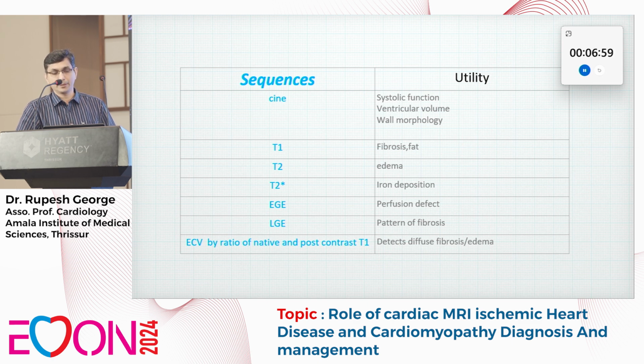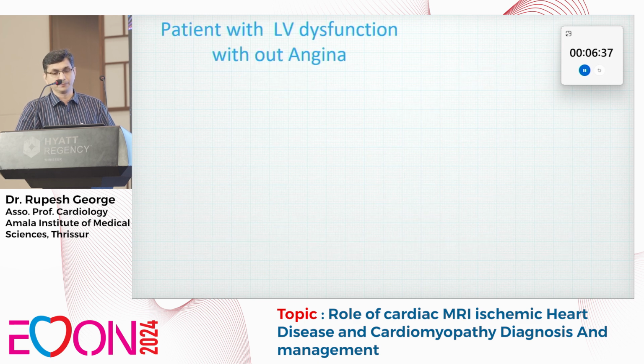Early gadolinium enhancement shows perfusion, and late gadolinium enhancement shows the pattern of fibrosis, whether it is replacement fibrosis or interstitial fibrosis. And extracellular volume normally is 25%. If the extracellular volume is exceeded, that is also suggestive of fibrosis or edematous infiltration of that tissue.